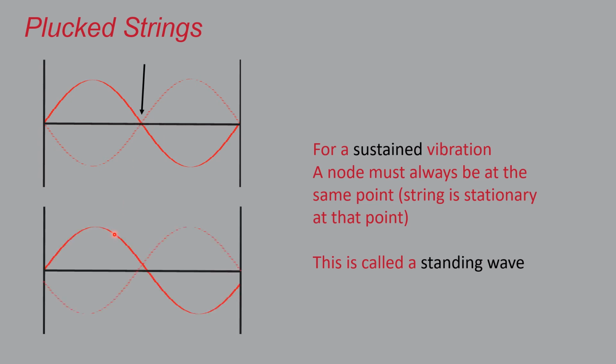If this is the case right here where the nodes don't line up, then what happens is one wave sort of cancels out the other. This is called destructive interference. And if this criteria isn't met, the string stops vibrating almost instantly. There's no motion whatsoever. So the good case here that we want is something called the standing wave.